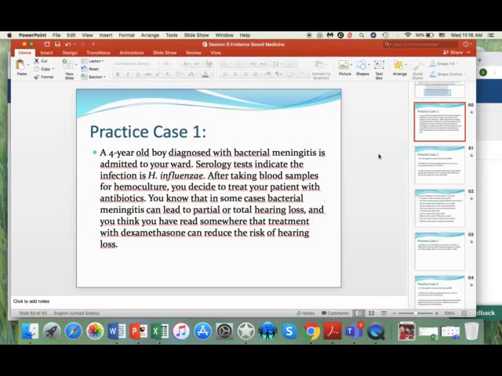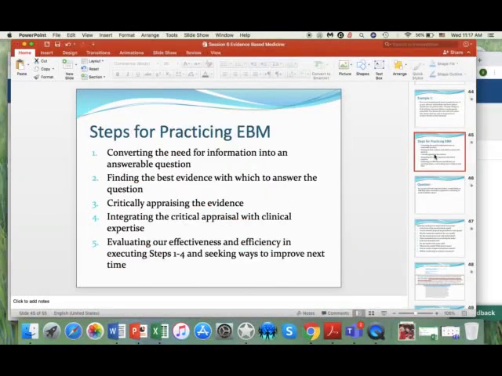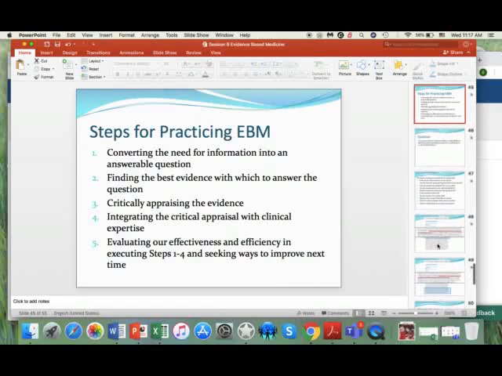So I want you to go through the 5 steps for practicing evidence-based medicine. Find an article that would apply to this case. First of all, I want you to come up with a question. I want you to write down the question. What is your question? And then I want you to find an article using PubMed that would help you answer that question.